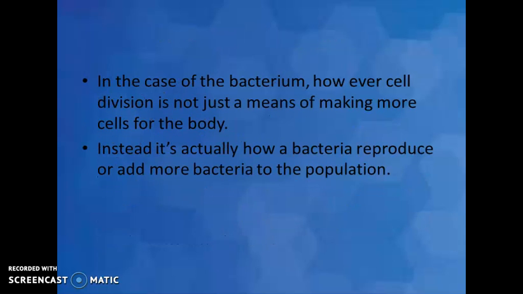But in the case of bacteria, cell division is not just a means of making more cells for the body. Instead, it is how bacteria reproduce or add more bacteria to the population.